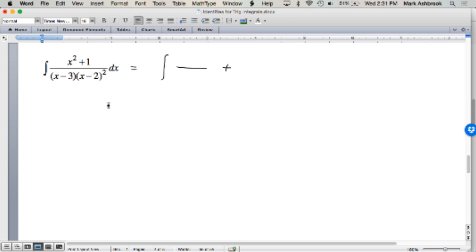What are the possibilities? We could have had something with x minus 3. What else? We could have had something with x minus 2 squared. Is there anything else that could have added into these fractions to result in that common denominator? Just x minus 2.